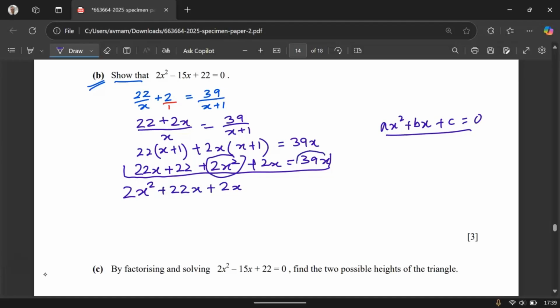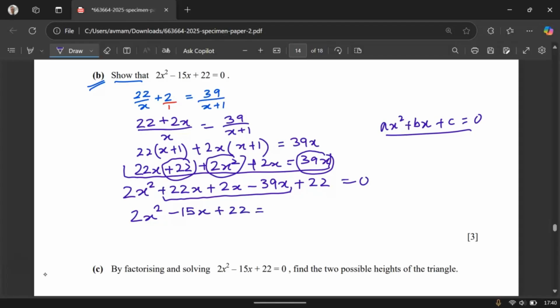Then bring this 39x to the left hand side and change the sign. So that becomes minus 39x. And lastly, the constant term plus 22 is equal to 0. Now the last step is to tidy up. So we have 2x square, 22x plus 2x is 24x minus 39x. So 24x minus 39x will give you minus 15x plus 22 equal to 0. Okay, and that's how it is done.